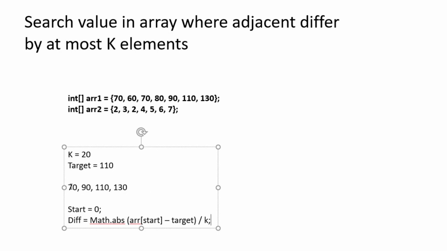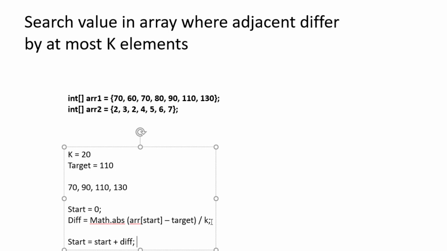So you are sure that this 90 cannot be my target value, and 110 can never be here. If 110 were here, the difference would be more than k, more than 20. So 110 can only be at the second index. After that, once I have achieved this, my start would be start plus difference.